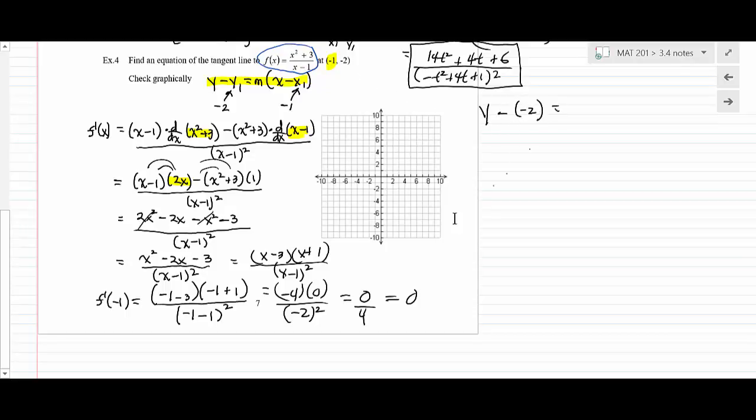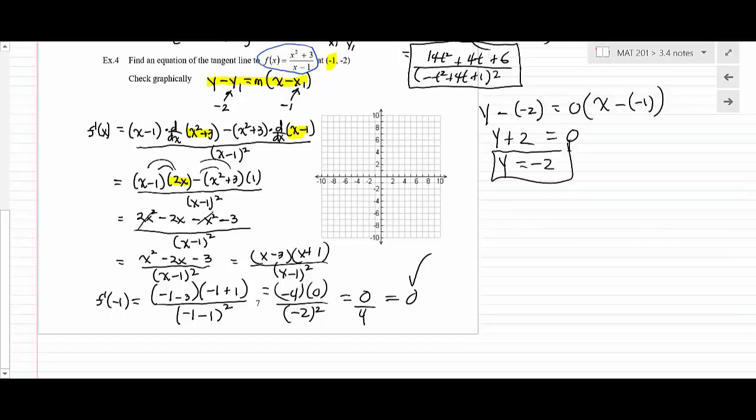That's the y value I gave you. The slope is 0, so that goes there. Then we have x minus negative 1. That looks like y plus 2 equals 0, so we get y equals negative 2. That should be the equation of your tangent line.